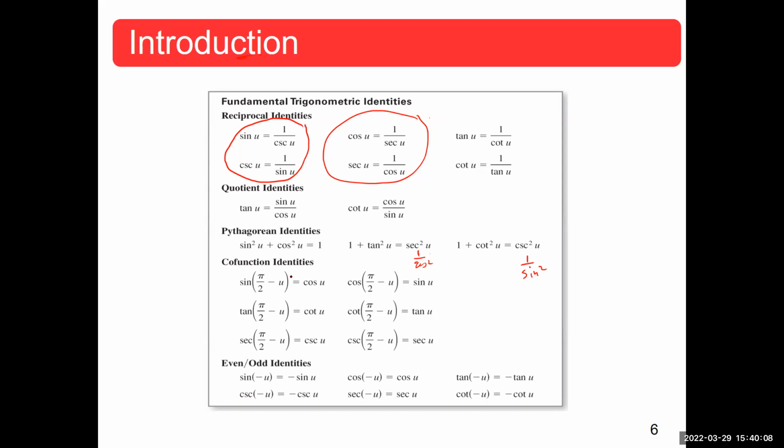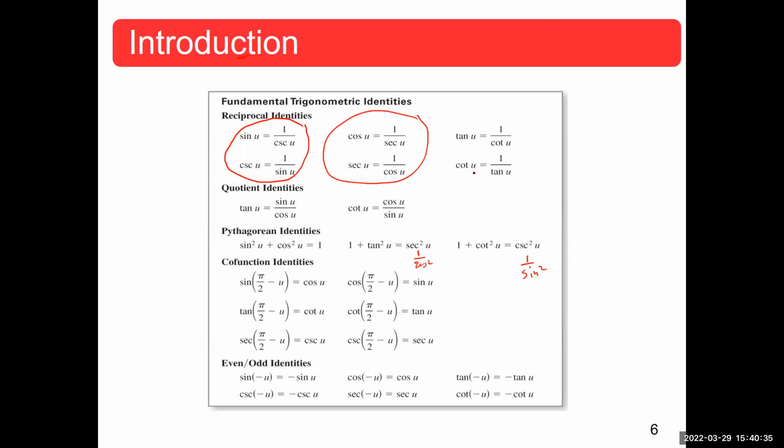The new identities, they call them cofunction identities. Actually, we looked at this one. Yes, we did. That's nothing new. When we say sine of pi over 2 minus u, that's equal to cosine of u.